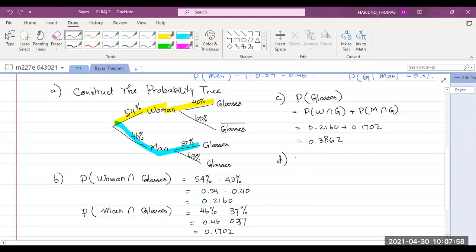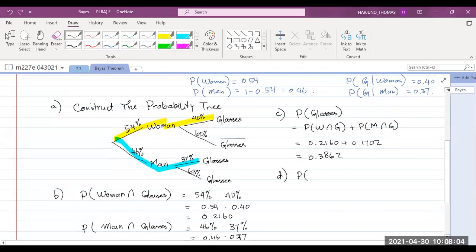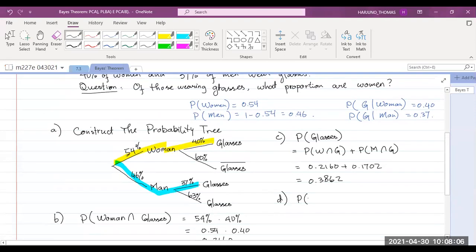Now lastly, what is the probability that person is a woman knowing that person is wearing glasses? Given that person is wearing glasses, what is the probability that person is a woman?